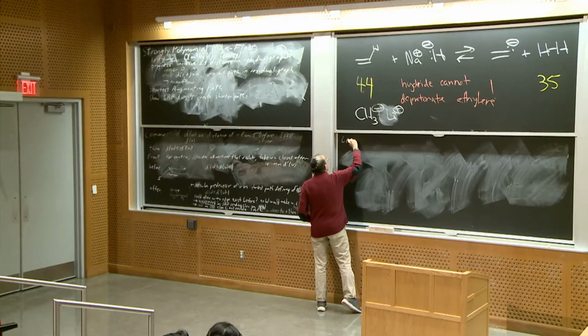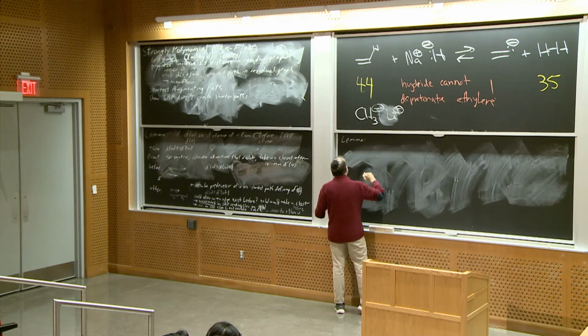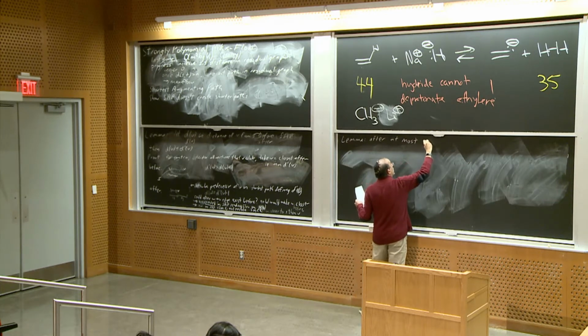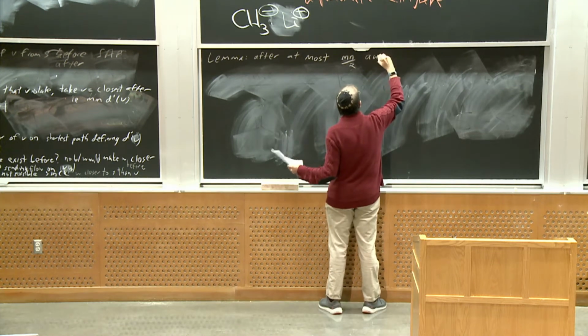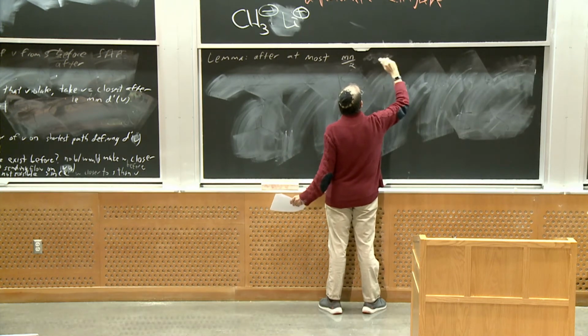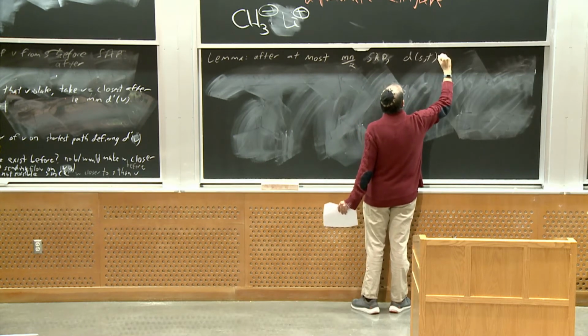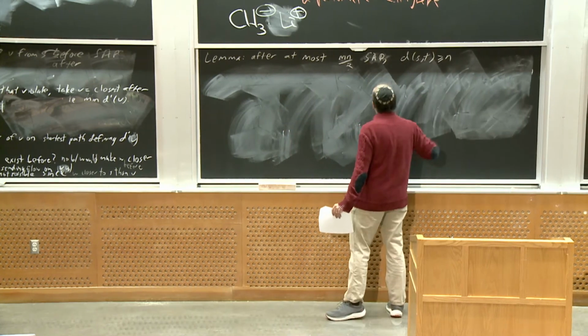So we can build on the previous lemma and say that after at most mn over 2 augmentations, let me say shortest augmenting paths, the distance from S to T is larger than n, or greater than or equal to n. And so we're done.